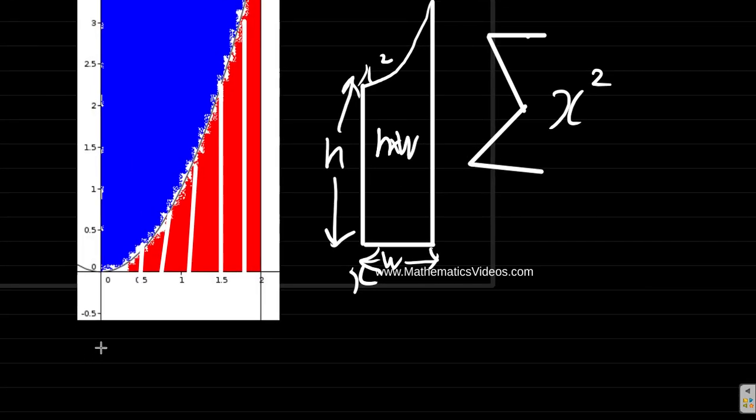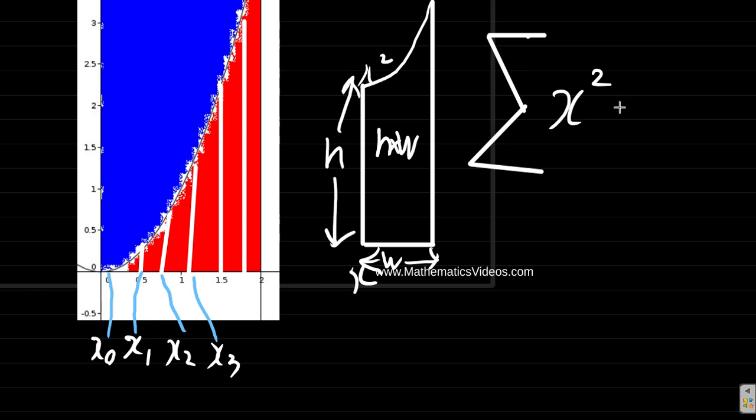Now we have x here. Call this x0, x1, x2, x3, and so on, where each of these is the point where they would have started.